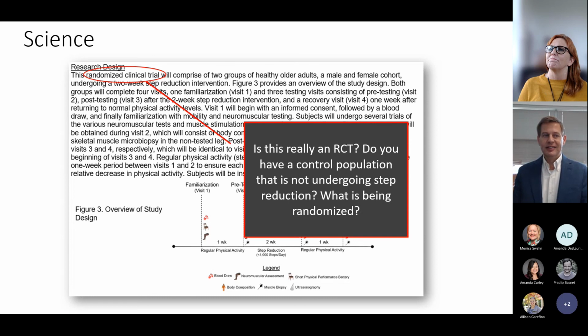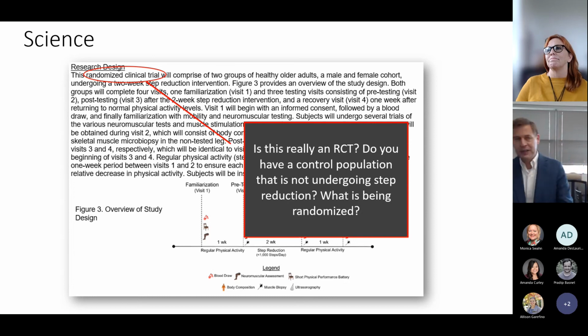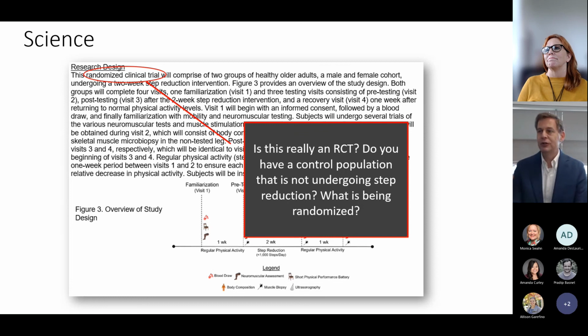In an RCT, typically there's either a control population or there are two different interventions, and you randomize people into an intervention cohort. You can't randomize people into a male or female cohort. So I think the sex in this is a main effect, and it's not what we typically think of in an RCT.